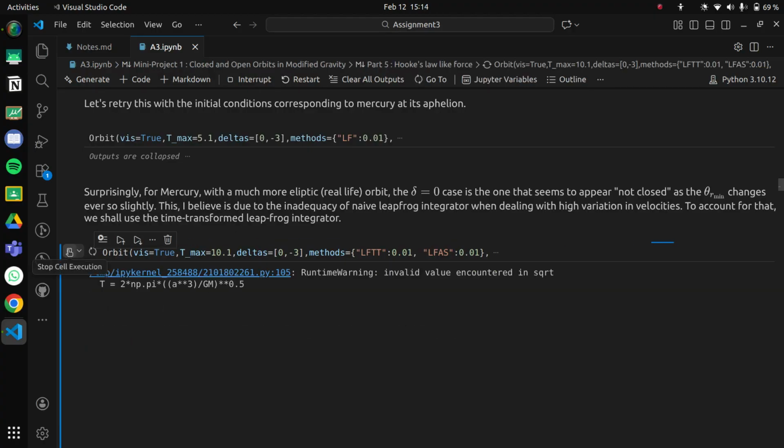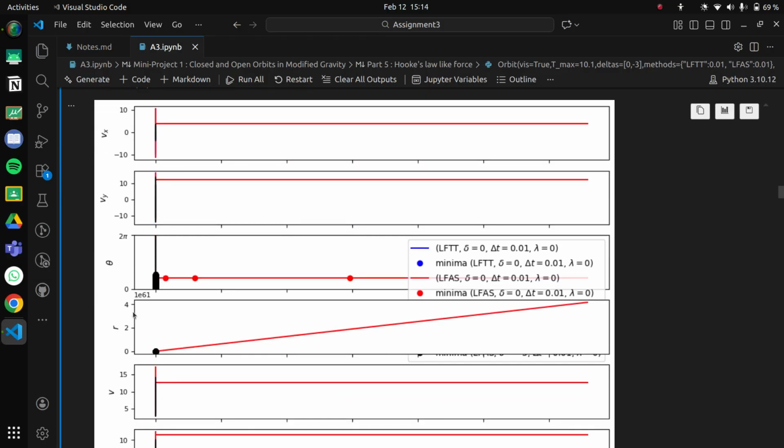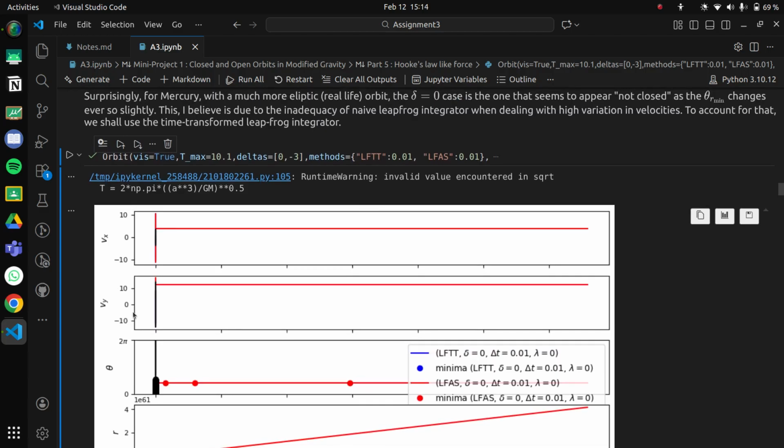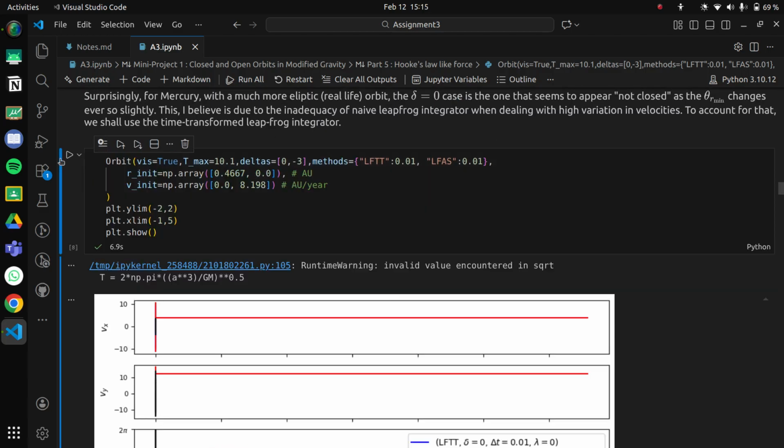An invalid value in square root. Is it getting some sort of overflow? Oh wow. Oh, this is messed up, isn't it? So let's reduce the steps. So I'm not gonna do 10. Okay. So I'm not gonna do this thing, just 1.